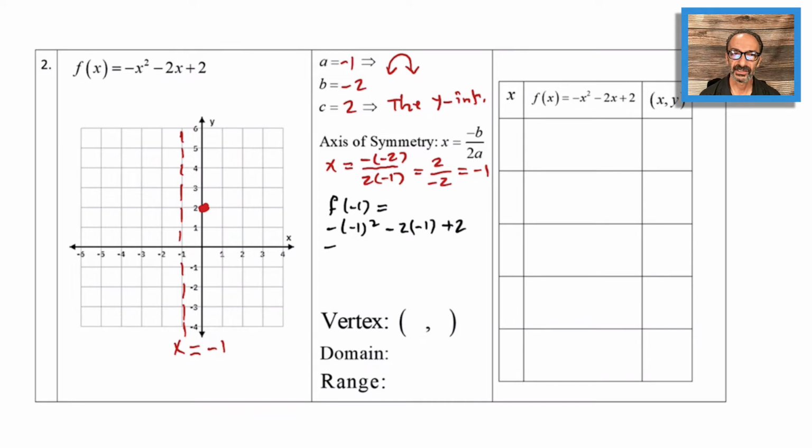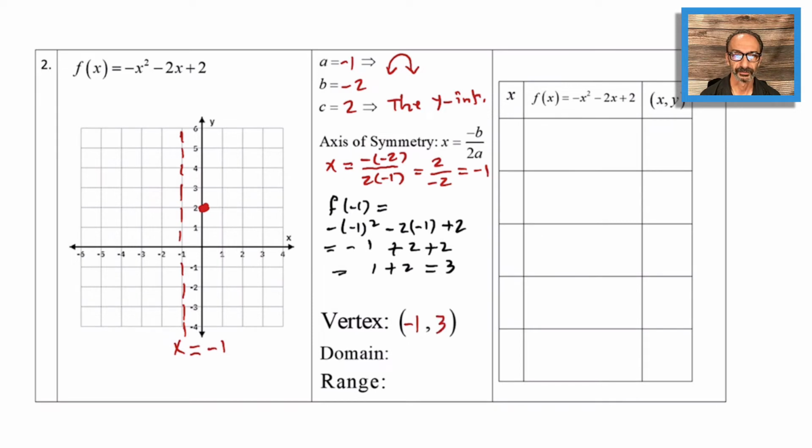The negative outside stays. The negative 1 to the second will be 1, so we still have a negative sign. Plus 2 because negative 2 times negative 1, and plus another 2. So it's like 4, take away 1, which is 3. So we know the vertex, which is a main point to start, at negative 1, comma 3.